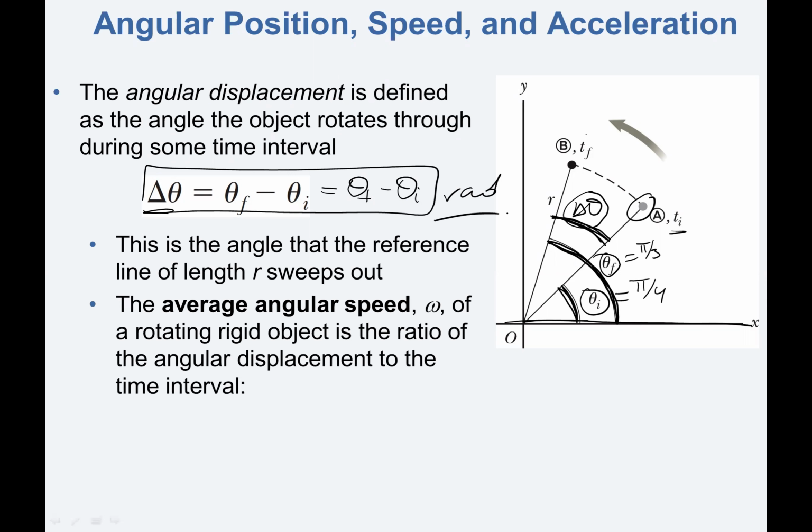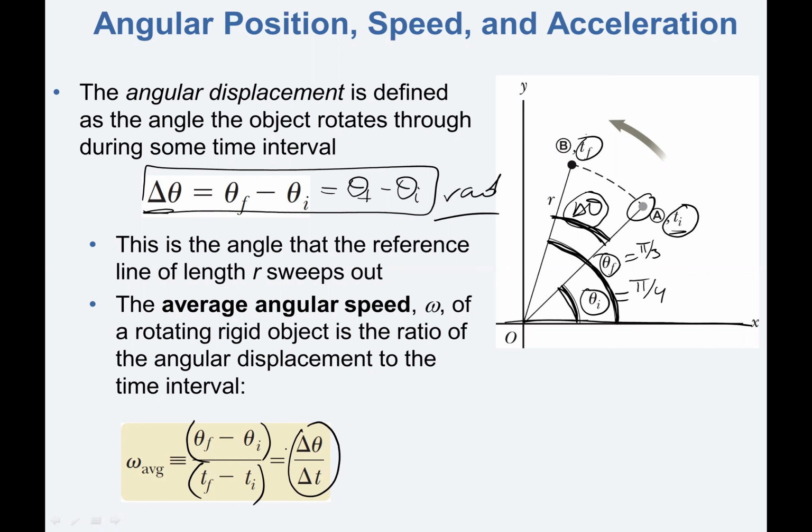Now, one of the things I can do here is maybe I can also measure this t initial and t final. And if I have t initial and t final, maybe I can then divide them, basically find the ratio. So this is my displacement, theta final minus theta initial, divided by the time interval, t final minus t initial, which is basically delta theta over delta t. And this ratio just gives you how fast the object undergoes that angular displacement.